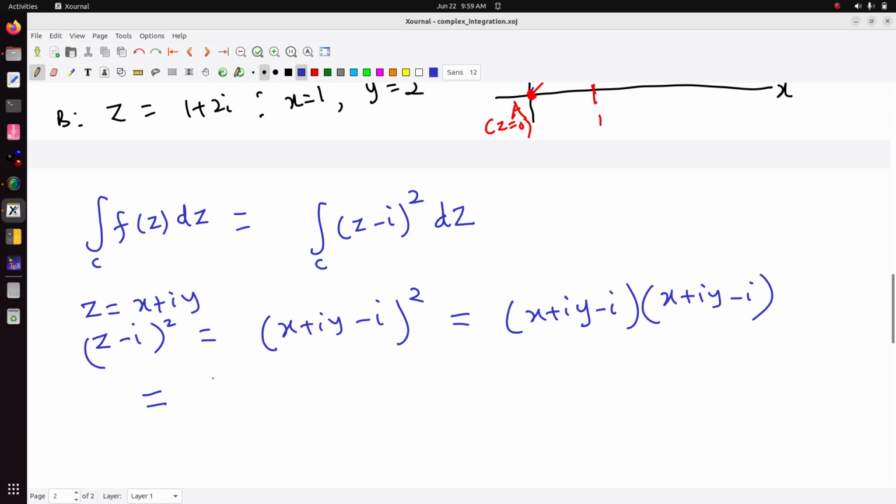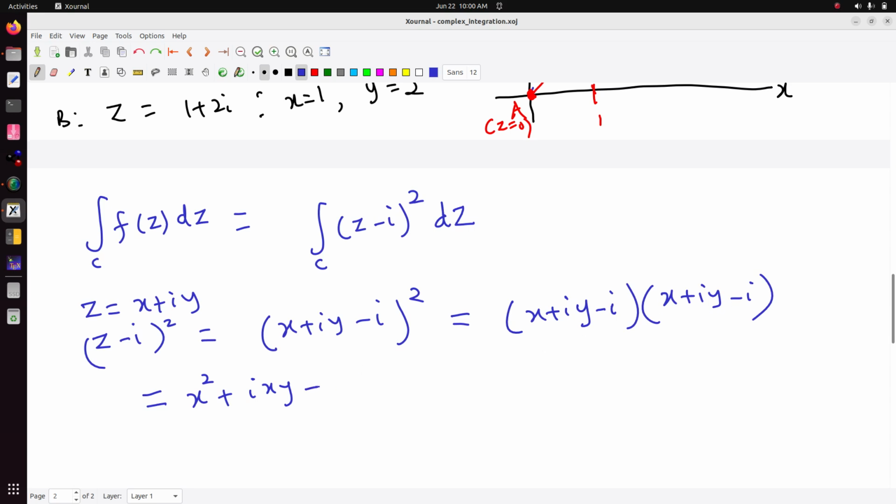Let me do it separately. x times x is x squared, x times iy is ixy, x times minus i is minus ix.